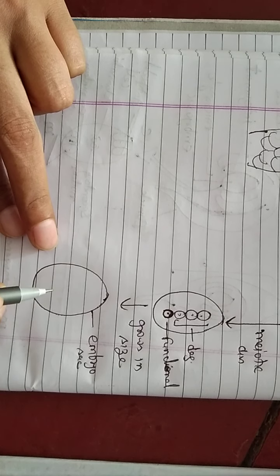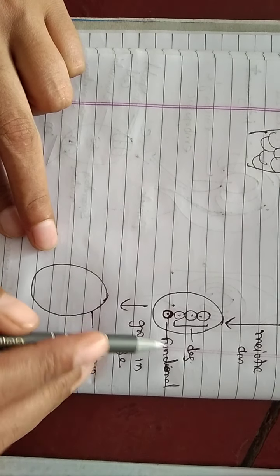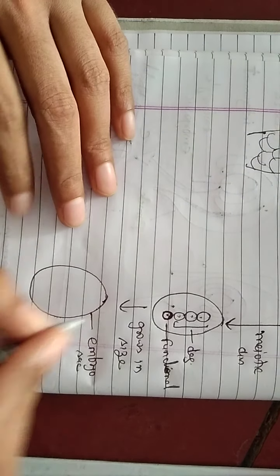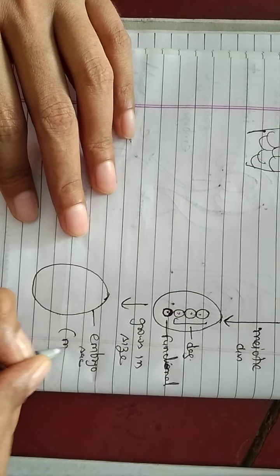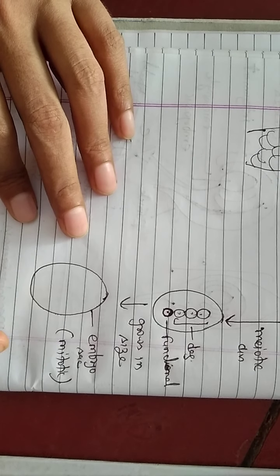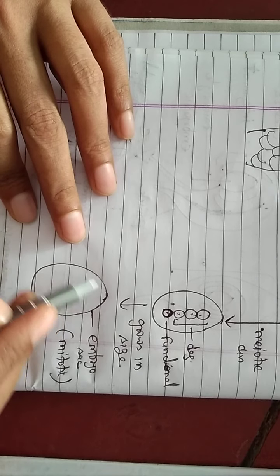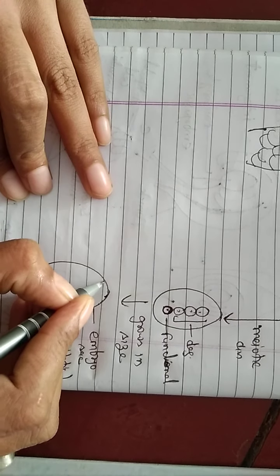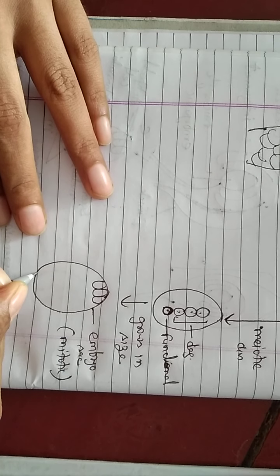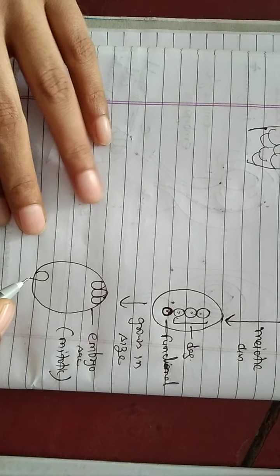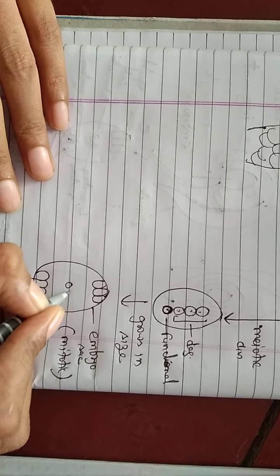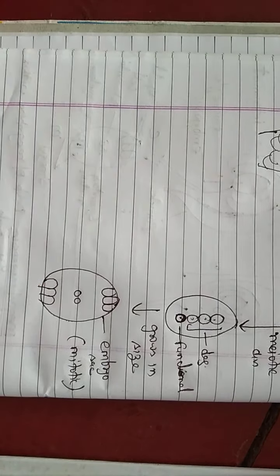Inside the embryo sac the haploid nucleus of the megaspore divides mitotically and forms 8 nuclei, which organize in a definite manner: 3 nuclei at the upper terminal, 3 in the lower part, and 2 nuclei remain in the middle.